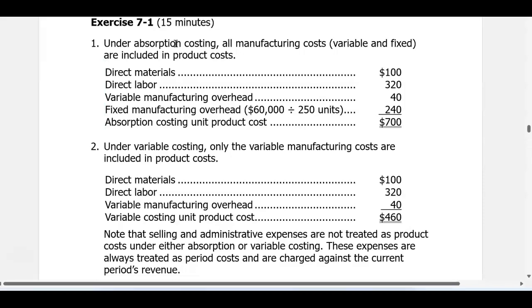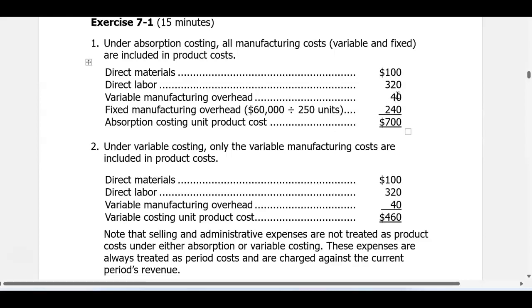Number one, under absorption costing, all manufacturing costs, including variable and fixed, are included in the product cost, just like the regular income statement that you learned already. So it will be direct material, direct labor, variable manufacturing overhead, and fixed manufacturing overhead. Add them up, and that will be the total cost. Three things you need to make something: material, labor, and overhead. So here we go. Material is $100, direct labor is $320.